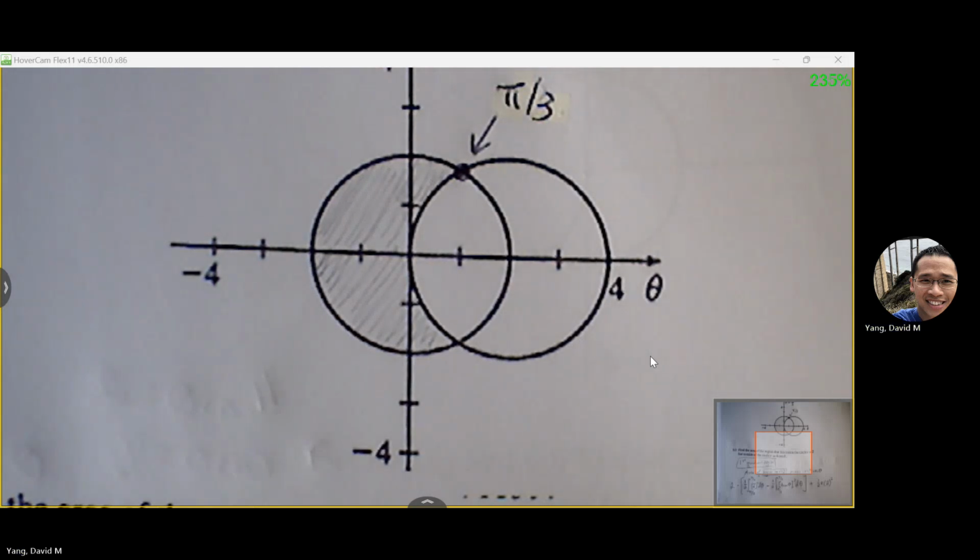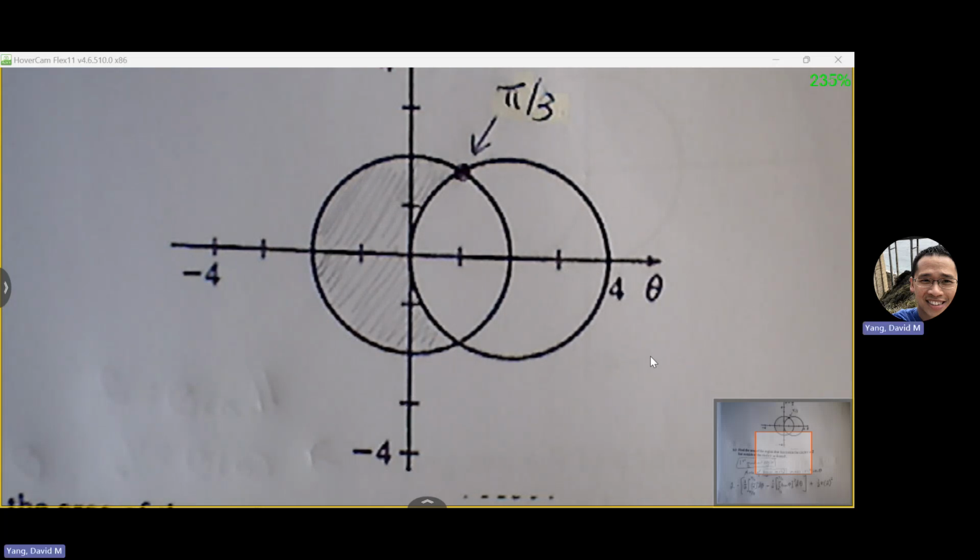So why don't we find out the area of this entire region first? That portion is 1/2 integral from pi over 3 to pi over 2 of r squared, which is this circle centered at 0.